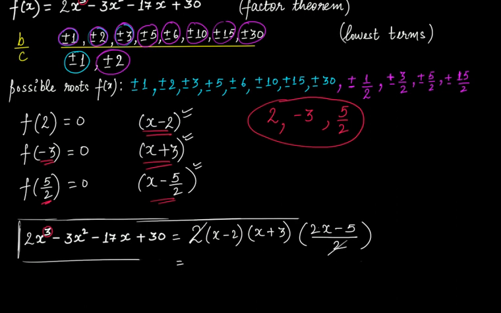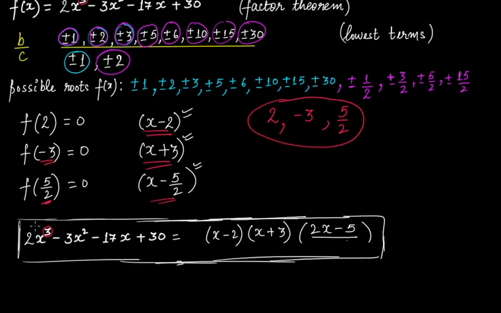So let's remove it. So now basically this is your factorization of this polynomial: 2x cubed minus 3x squared minus 17x plus 30 is equal to x minus 2 multiplied by x plus 3 multiplied by 2x minus 5. This is the factorization of this polynomial.